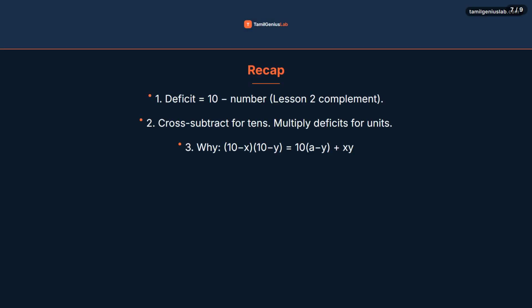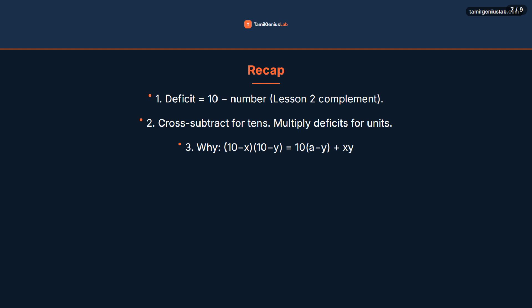3 things. 1. The deficit is how far each number falls below 10. You computed these in lesson 2. Today they multiply. 2. Cross-subtract, one number minus the other number's deficit. That is the tens digit.